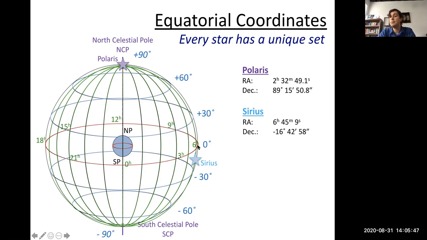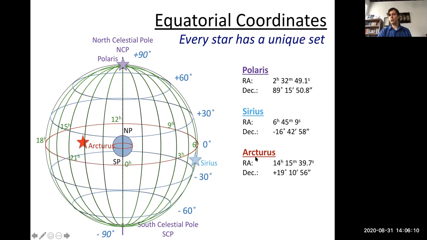It's at declination minus 16, closer to minus 17. So I'd have to go 17 degrees below the celestial equator, and I can pop Sirius. That's where Sirius lives on the celestial sphere. Hopefully you're starting to see why this is useful, because now we have a fixed place on the celestial sphere for the stars. Let's look at another star though.